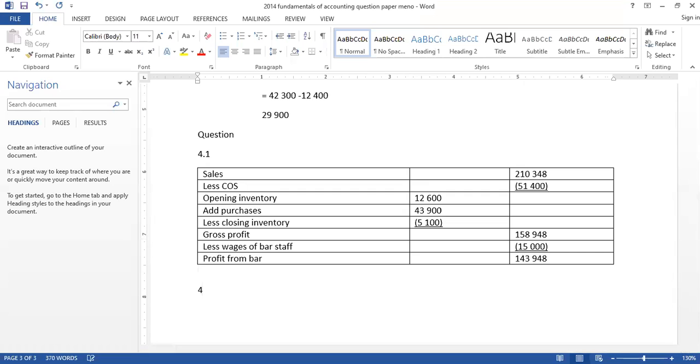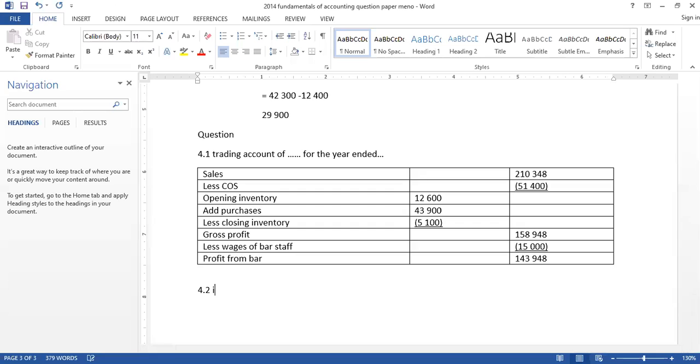So we move on to 4.2. In 4.2, we are asked to prepare our income and expenditure statement for the year ended. Please don't forget the headings. So this is the trading account of the name of the business for the year ended. Make sure you write the heading.